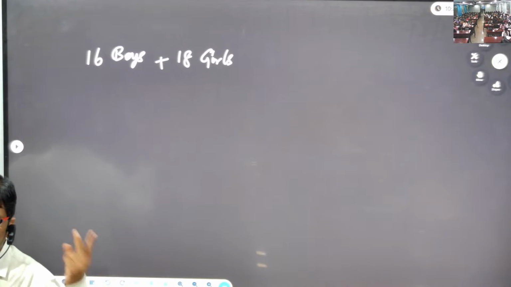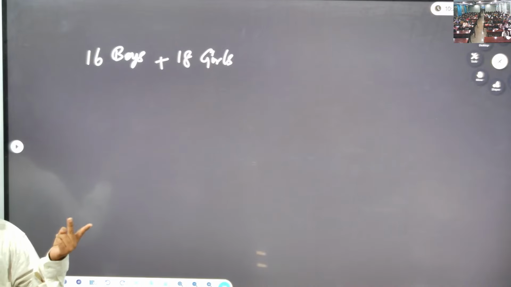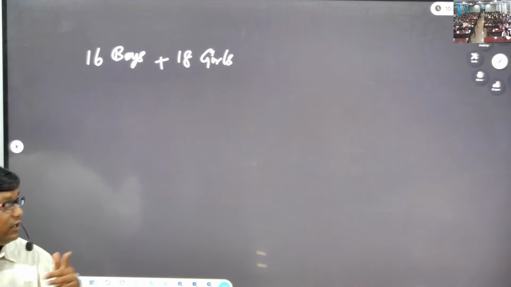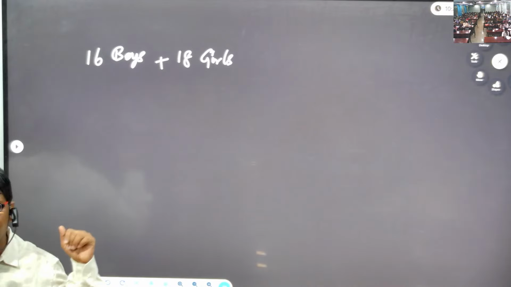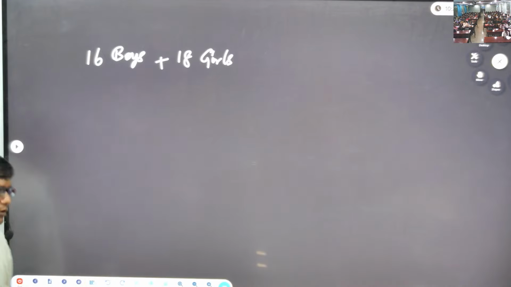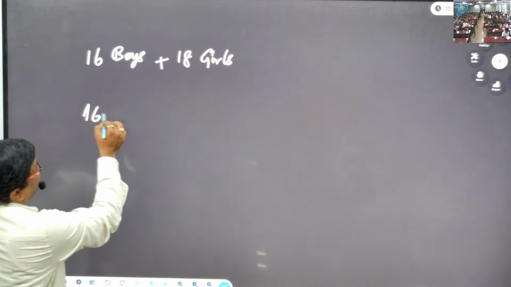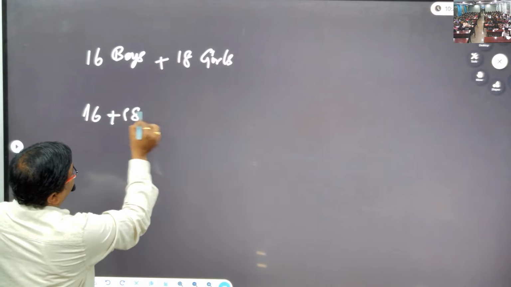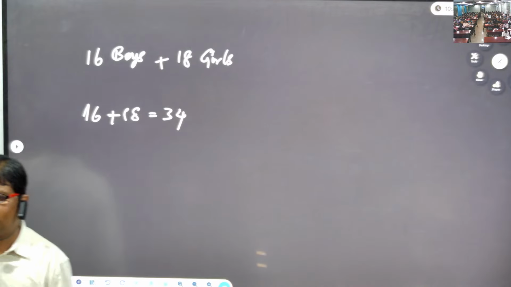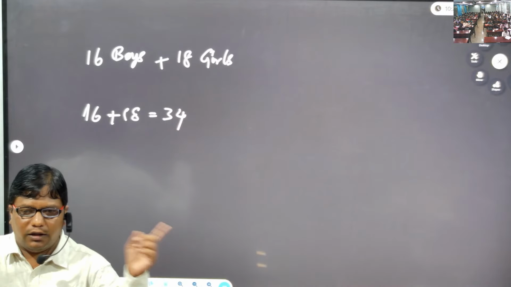Sum rule. We are having 2 different persons. One is boy, the other one is girl. Boy count is 16, girls count is 18. So we are going to have 16 plus 18. That is 34 ways of selecting a class representative, either a boy or a girl.